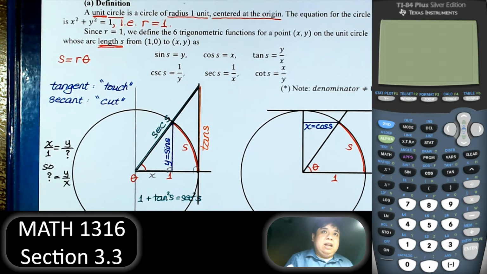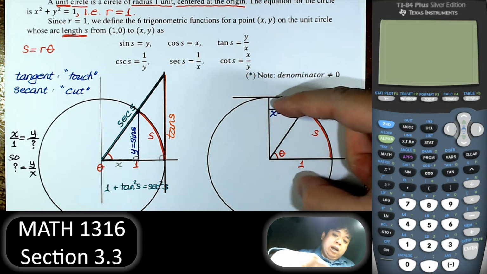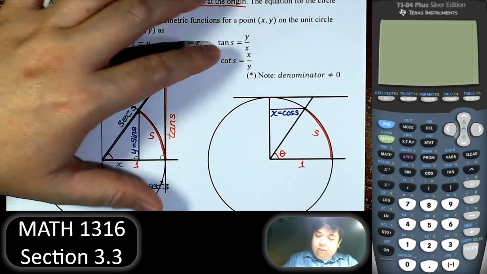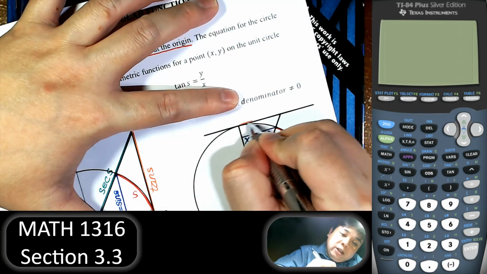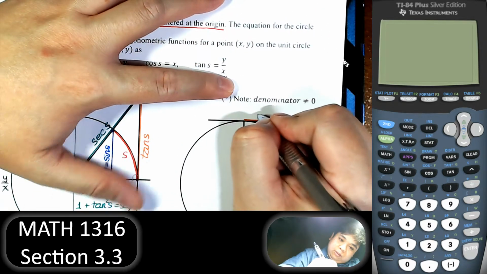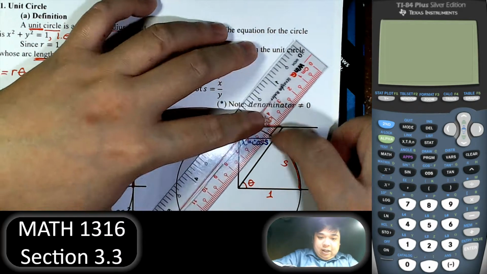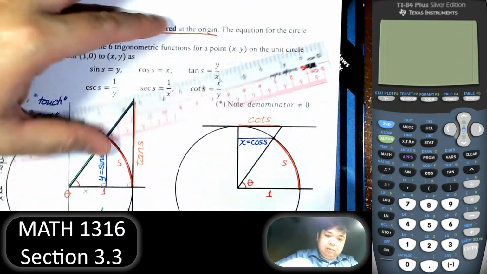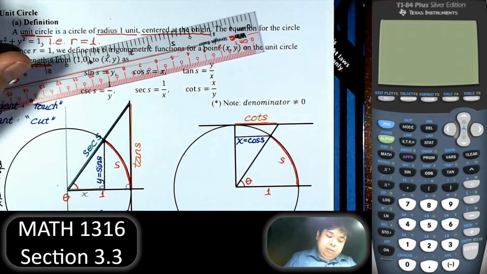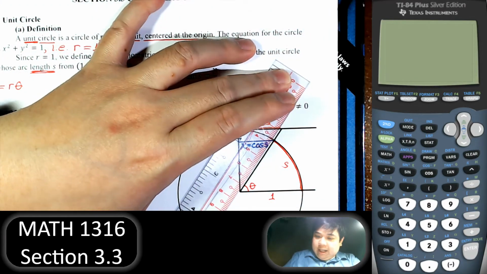word. And similarly over here, if we draw the tangent line to the circle intercepting the y-axis, this is going to be cotangent. And that will be cosecant.